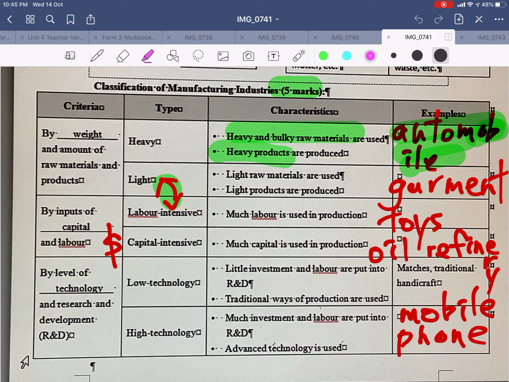Through distillation, the crude oil becomes different types of petroleum products. For example, asphalt, gasoline, petroleum, and also lubricant, those kinds of things. So capital intensive may include the oil refinery, because we need to invest a lot in order to make an oil refinery.